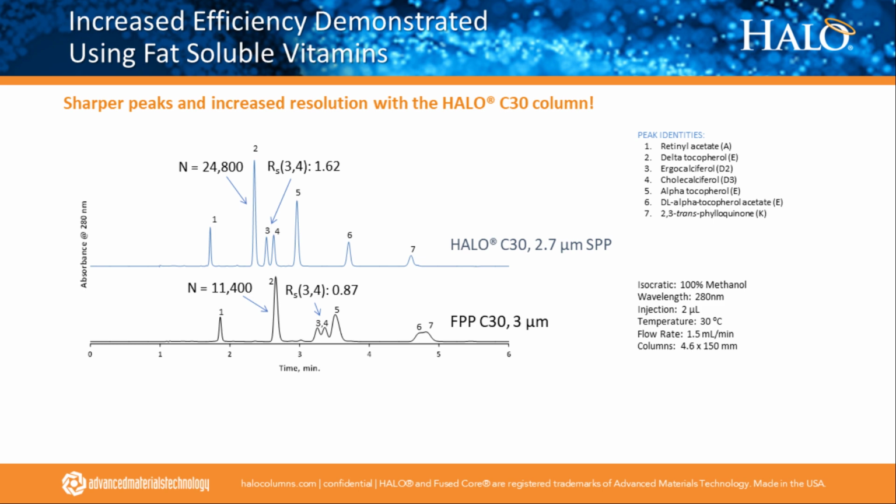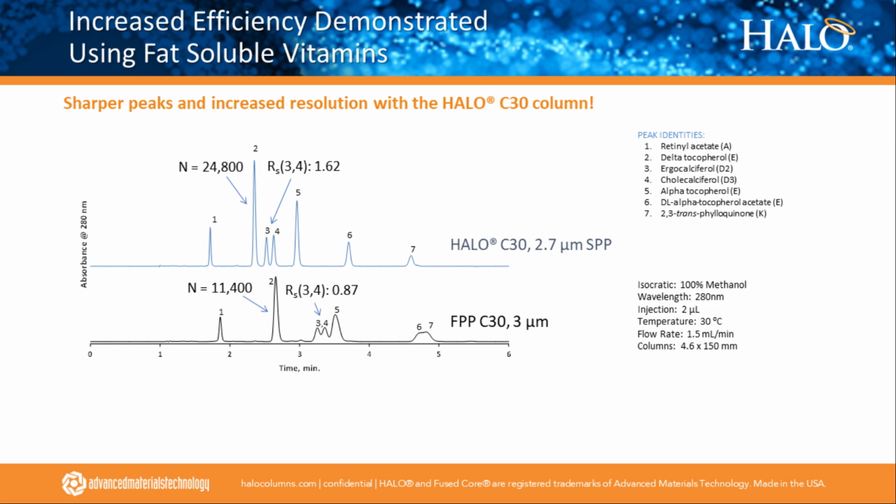And we're getting more than double the plates for peak 2, which is vitamin E delta tocopherol. We're also seeing a resolution of 1.62 for peaks 3 and 4, which are vitamin D2 and vitamin D3.